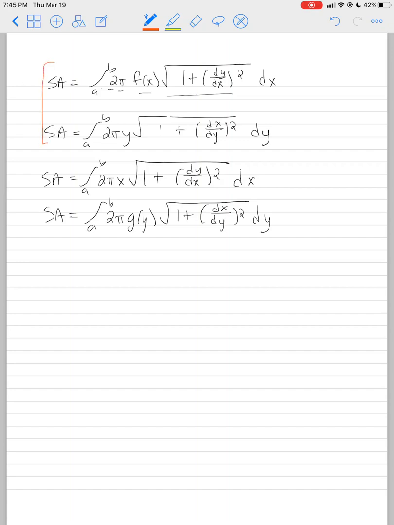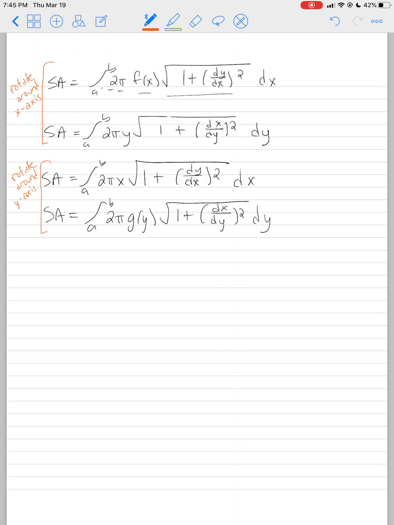I'm going to use the first 2 if my region was found by rotating around the x-axis. I'm going to use the second 2 if my region or my volume was found by rotating around the y-axis. And I'm never going to give you one that doesn't rotate around either the x or the y-axis.